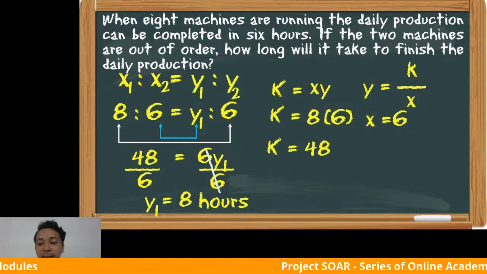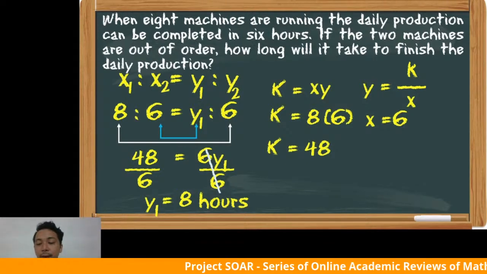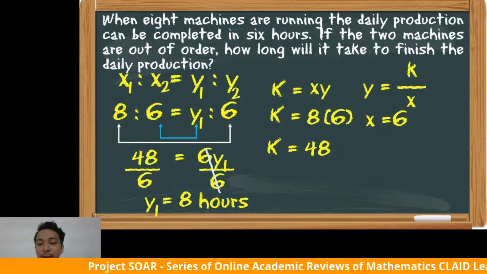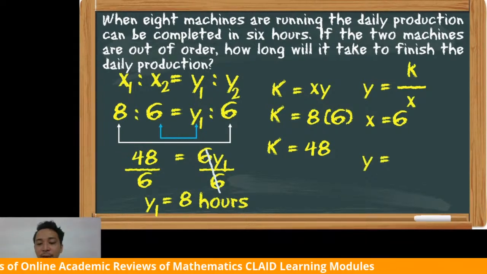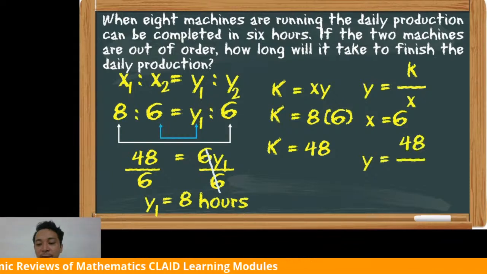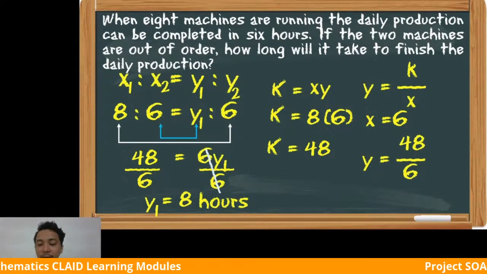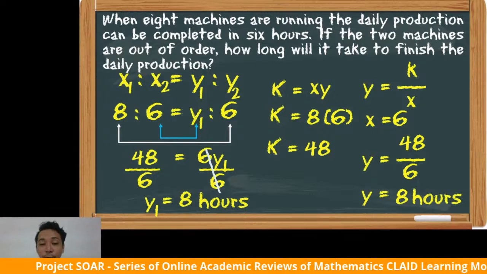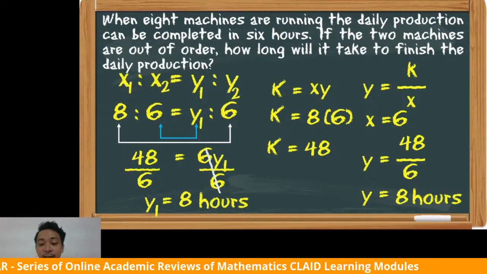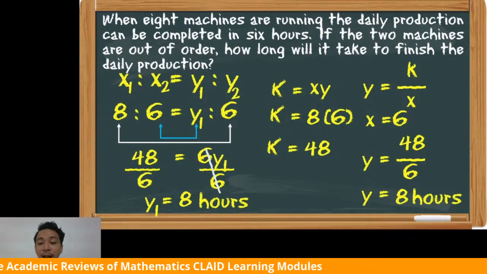So x now is 6. Substituting the values of k and x, we'll have now y equals k, which is 48, over x, which is 6. Then we'll have 48 divided by 6, that is 8 hours. Again, it will take 8 hours for 6 machines to finish the daily production.